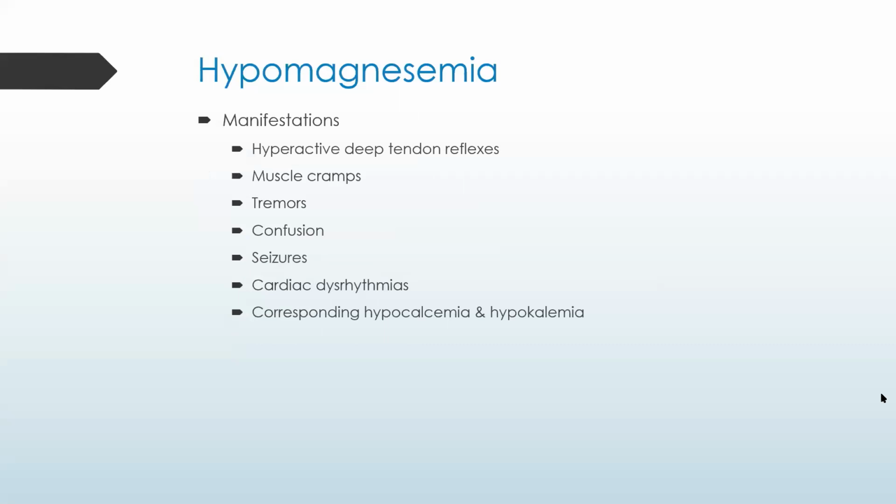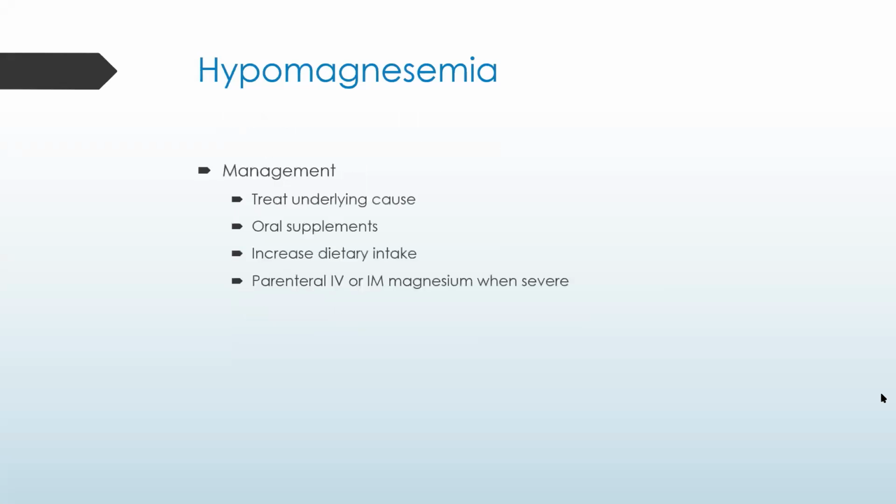Neuromuscular manifestations are common, such as muscle cramps, tremors, hyperactive deep tendon reflexes, Chvostek sign and Trousseau sign. Neurologic manifestations include confusion, vertigo, and seizures. Magnesium deficiency can lead to cardiac dysrhythmias, such as ventricular fibrillation. Hypomagnesemia is associated with digitalis toxicity.